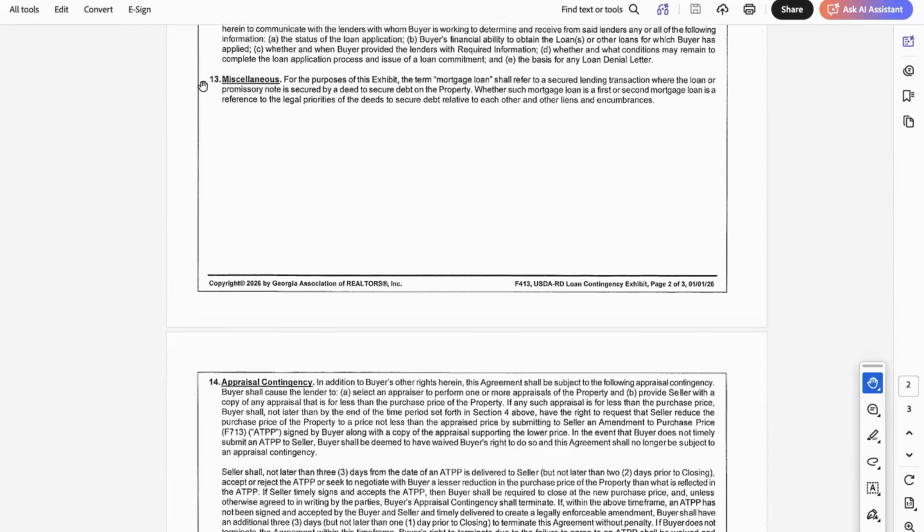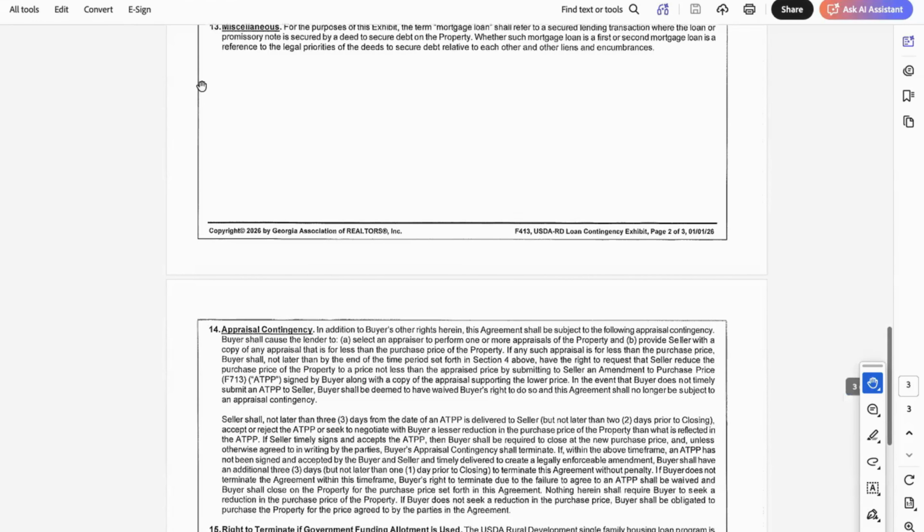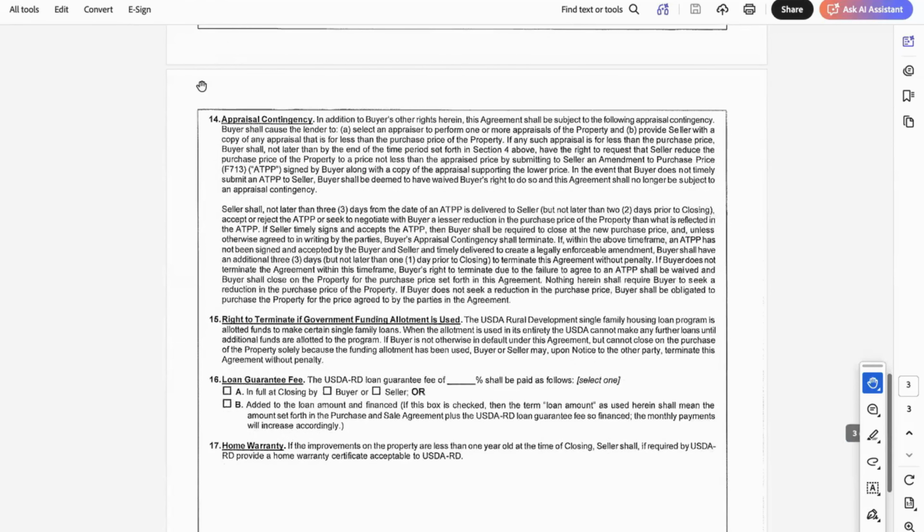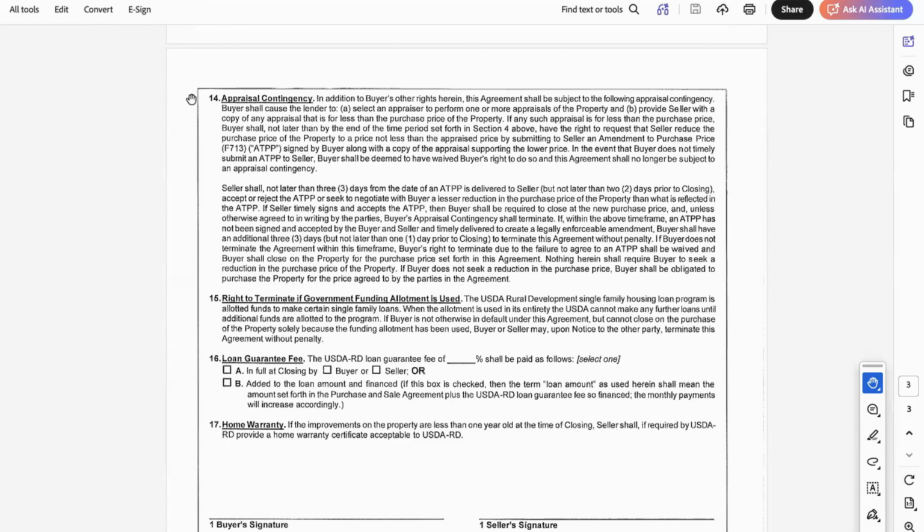13, miscellaneous. This clarifies a mortgage loan is secured by a deed to secure debt. First versus second refers to the lien priority. 14, appraisal contingency.